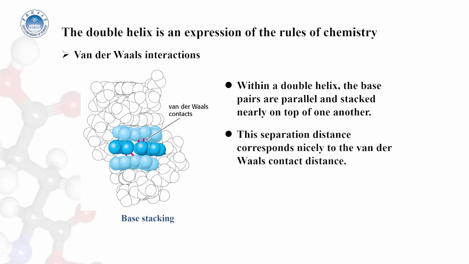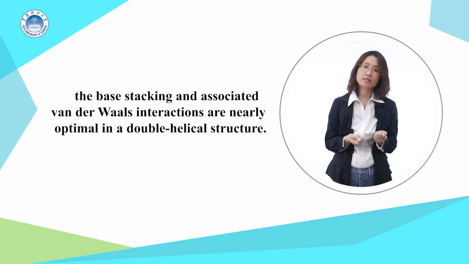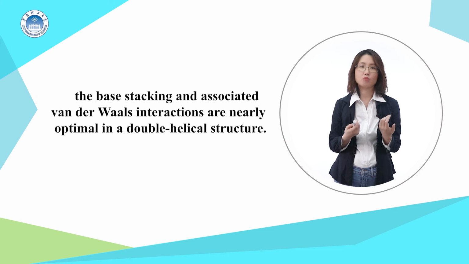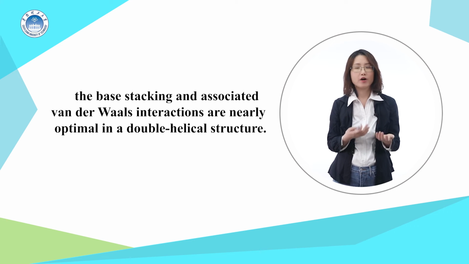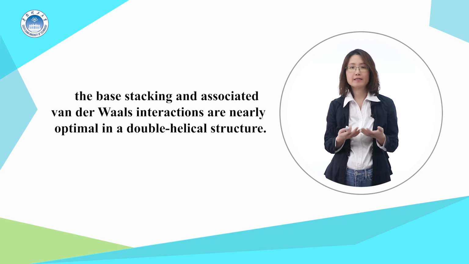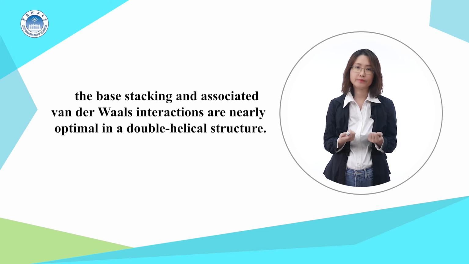So this separation distance corresponds nicely to the van der Waals contact distance. Bases tend to stack even in single-stranded DNA molecules. However, the base stacking and associated van der Waals interaction are nearly optimal in a double helix structure.